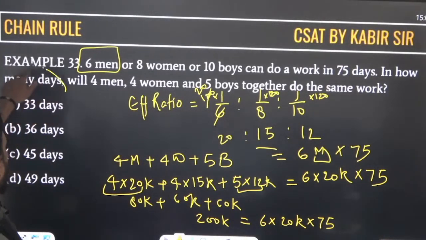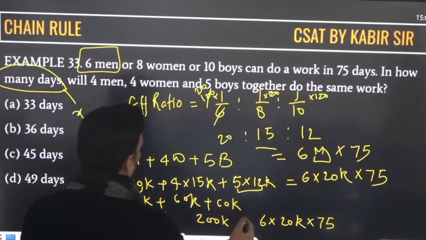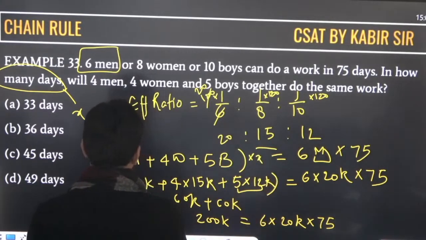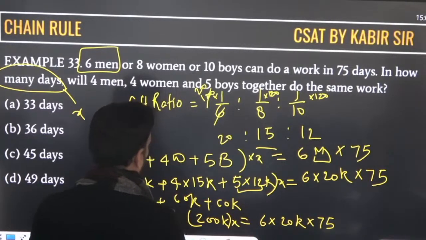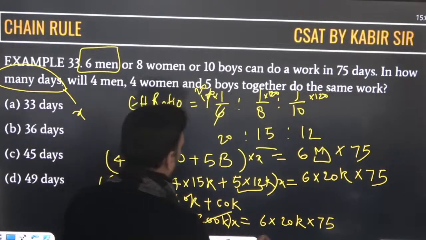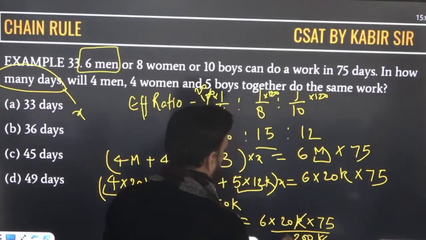So they are asking days. So suppose X days they can finish. Right. So this will be multiplied with days. Fine. So this 200K will come this side, this K will cancel, this 20 will cancel 10 times.